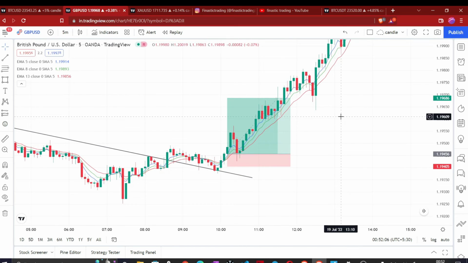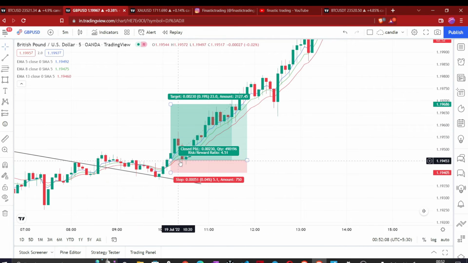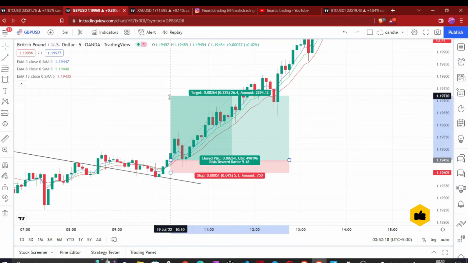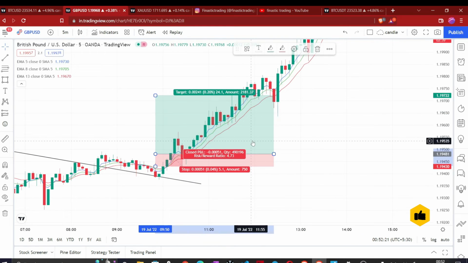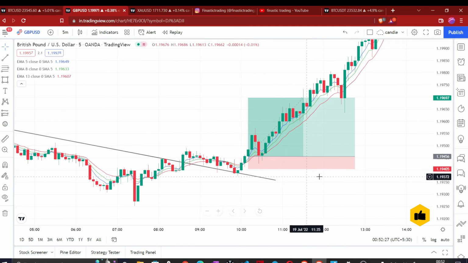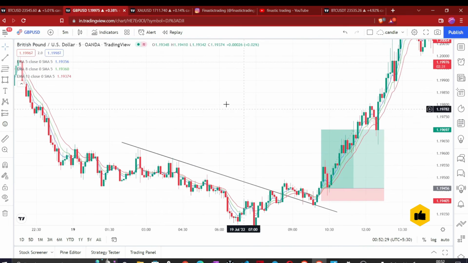And now the candle didn't close below the 13 EMA, so we keep holding it. It closed over here, so this is where we exit. The risk reward ratio is really good again, 4.7. So this was one good example again.